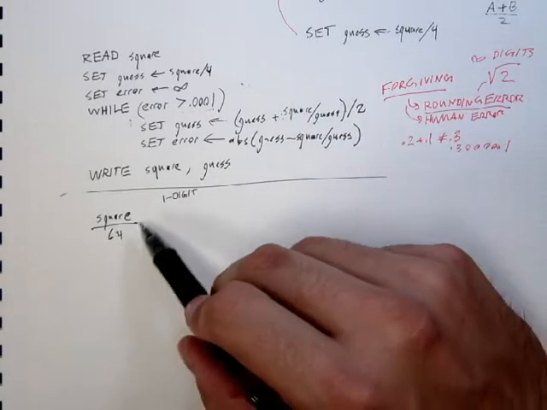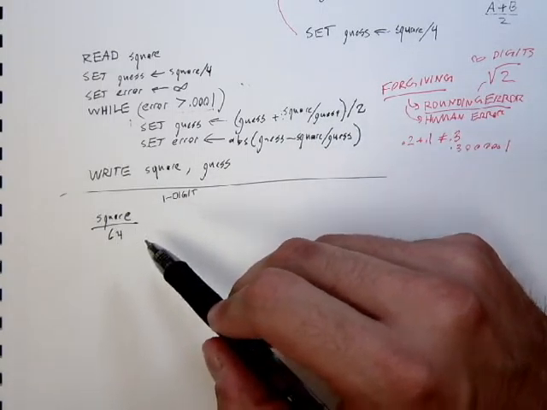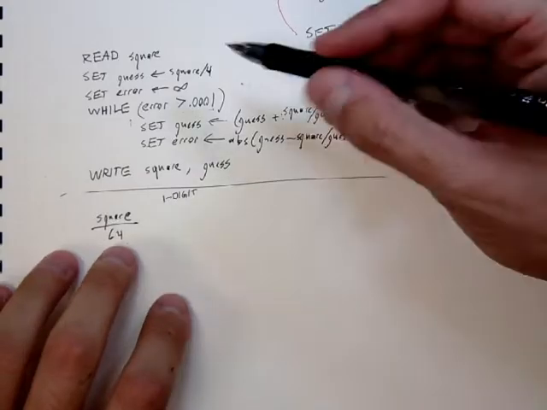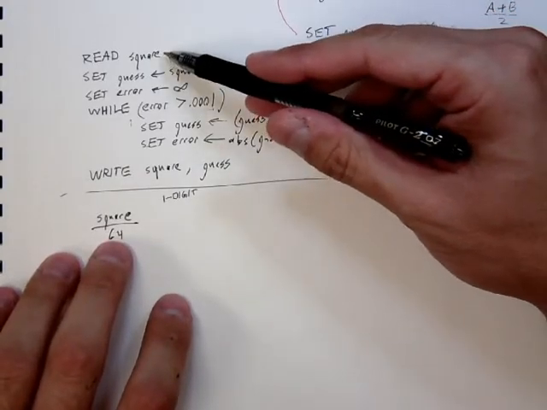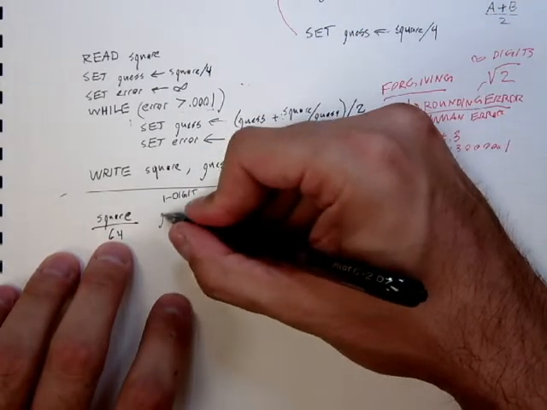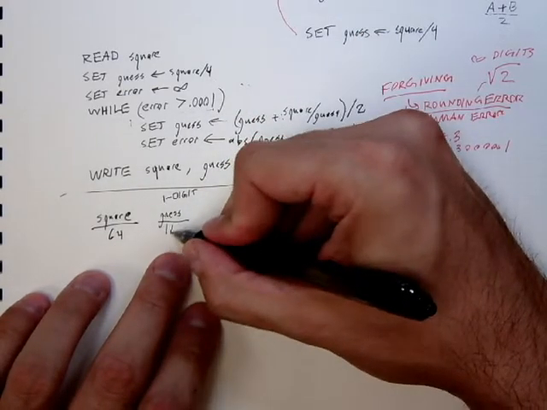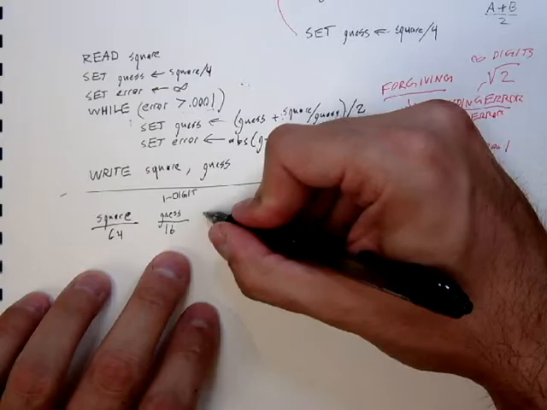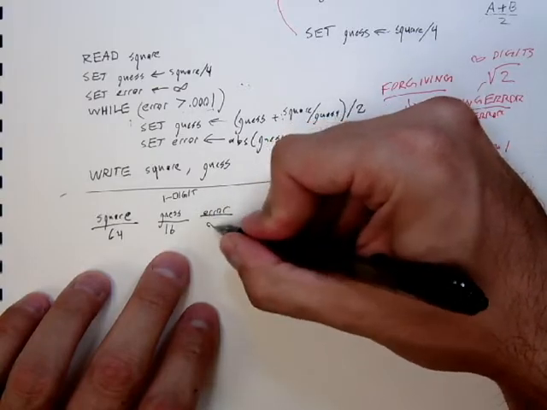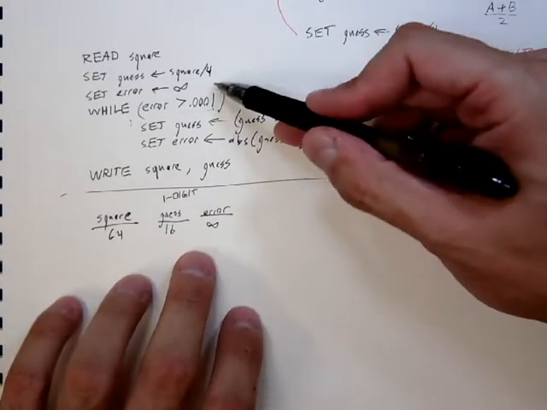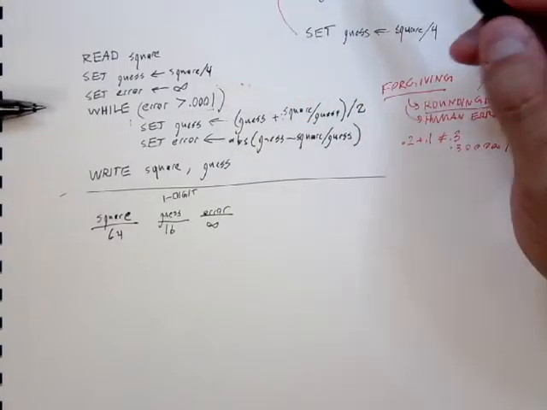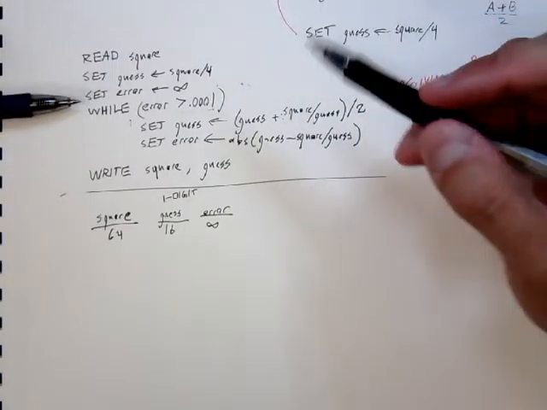So here I've got square is 64, because I just read it, and I'm going to set guess equal to square divided by 4, which is 16. Let me use this to mark where I am. I'm going to set error to infinity.